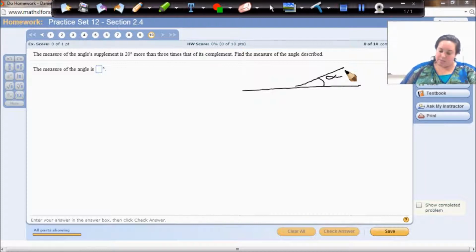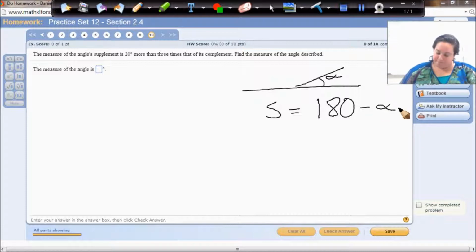The angle's supplement. What is the supplement going to be? I'm going to call it S. The supplement of an angle adds up to be 180. So the supplement is going to be 180 minus whatever the angle is, right? And the complement of an angle adds up to be 90. So it's going to be 90 minus whatever the angle is.